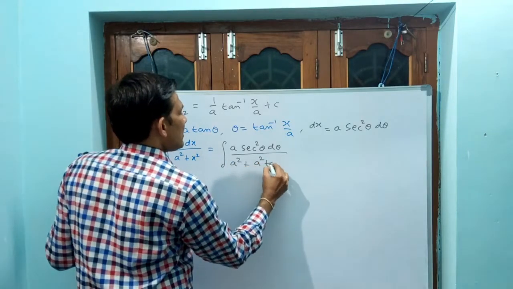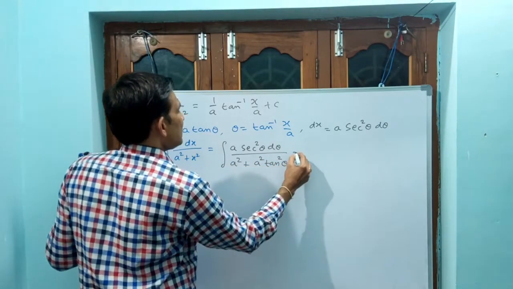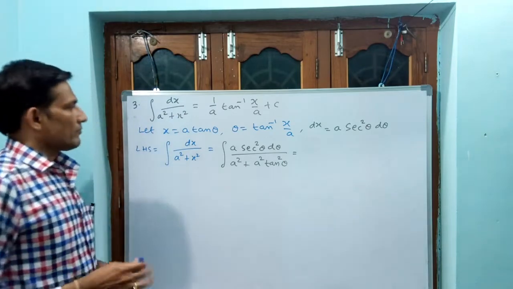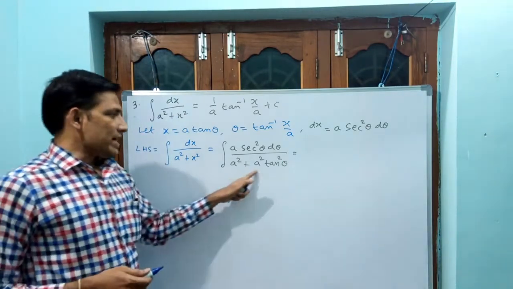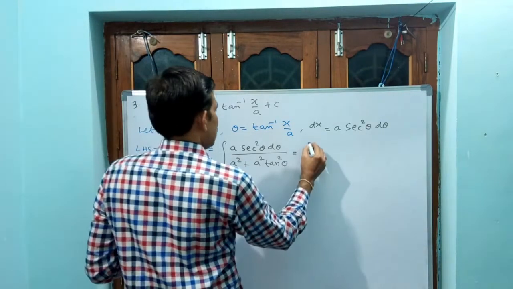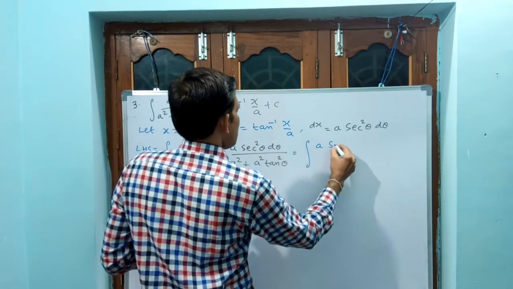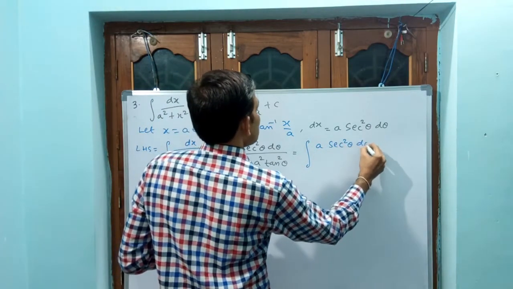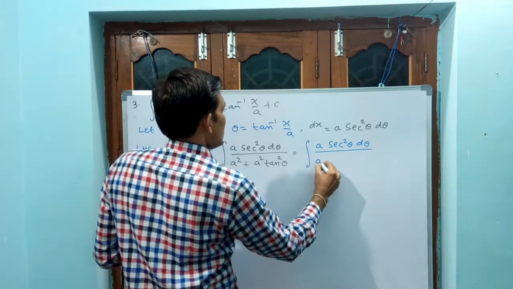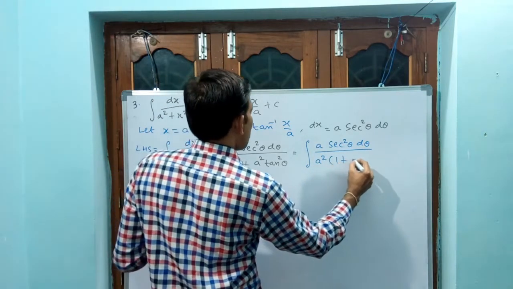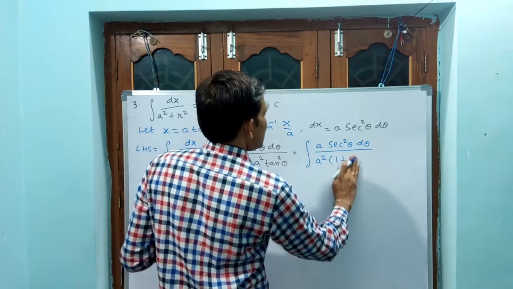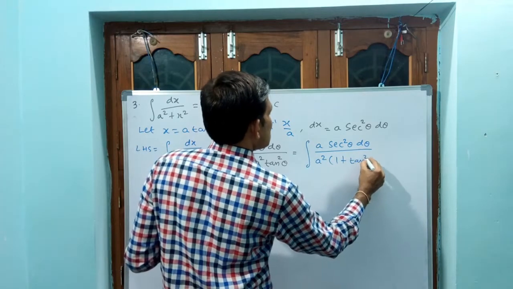Now take a square as common in the denominator: a secant square theta d theta by a square times 1 plus tan square theta.